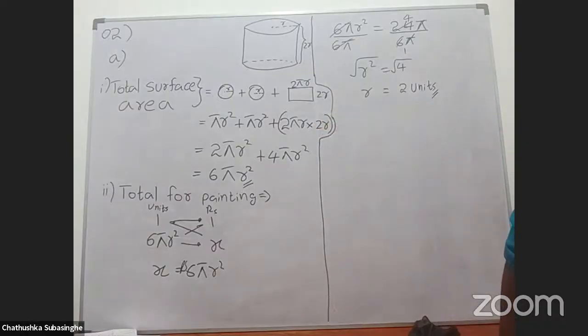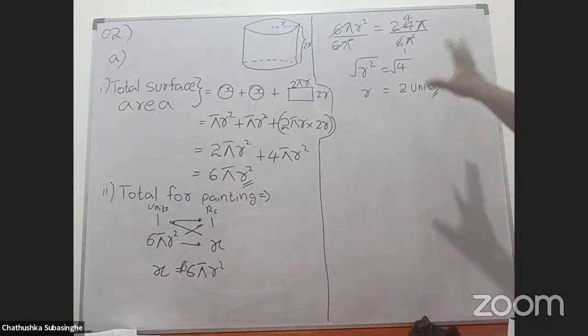Then let's go to part B. This is the surface area question that you can get. Likewise, they can ask from a triangular prism, a cone, a sphere, a square-based pyramid, anything. They don't ask from cube and cuboid because that is a grade 8 or 9 question. So these are the things you have to prepare for on total surface area.